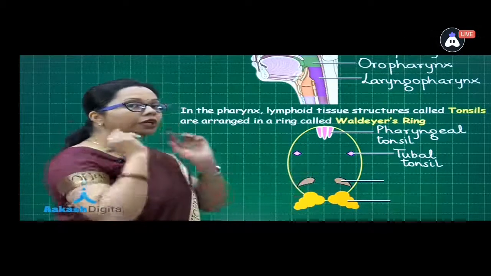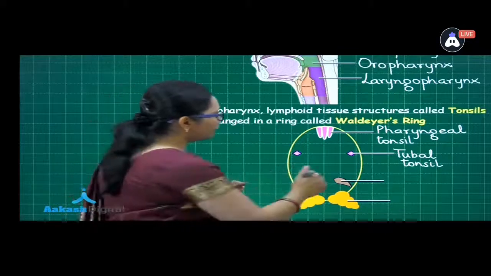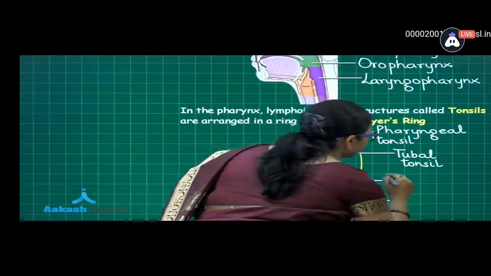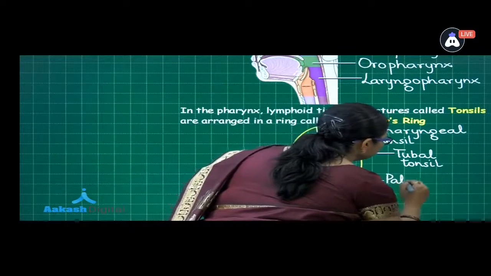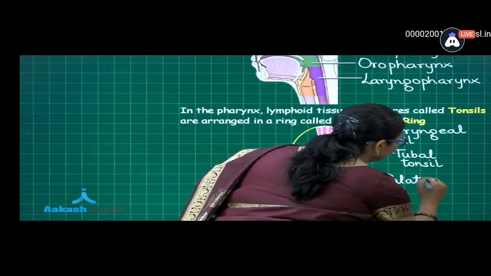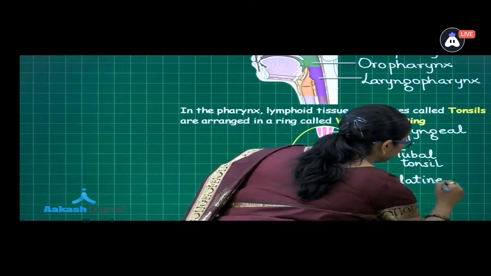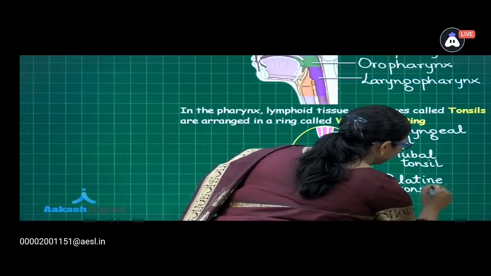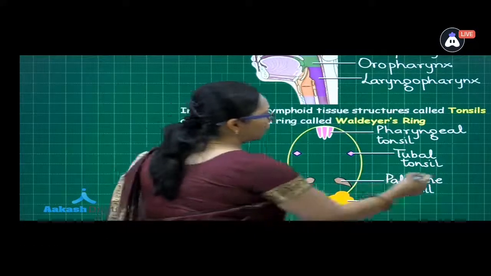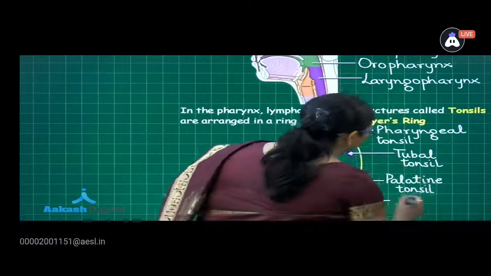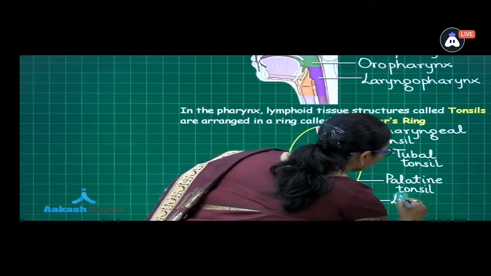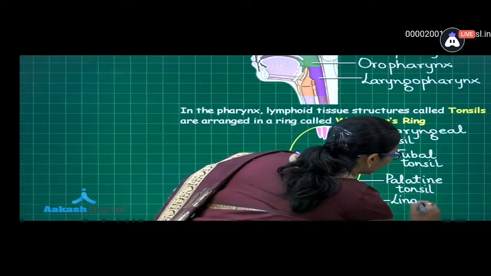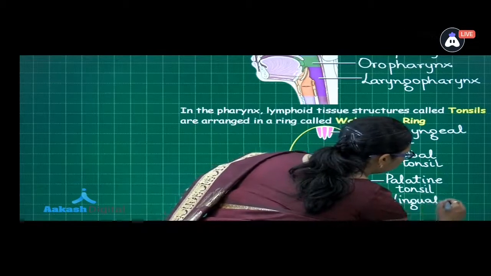Then here, just at the base here, there is the palatine tonsil. And lastly, we can mention here the lingual tonsil, which we had shown on the pharyngeal part of the tongue also.